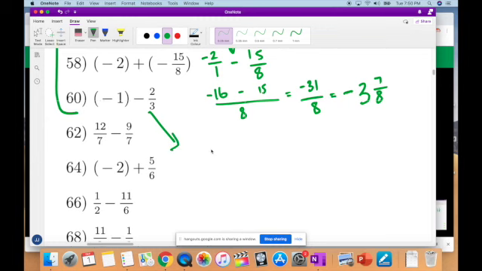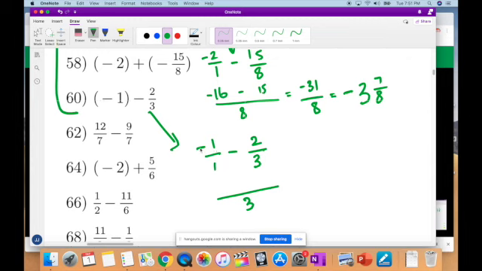So this last one here is negative 1 as a fraction. It's going to be over 1 minus 2 over 3. Same kind of business. So I find my common denominator, just multiply 3 times 1 is 3, and then I cross multiply.